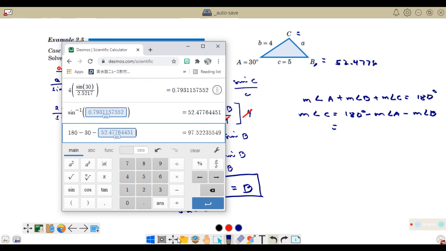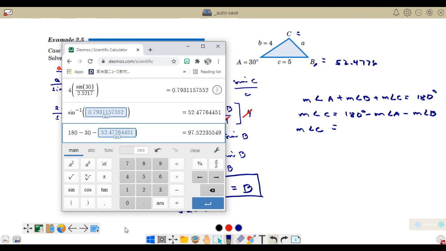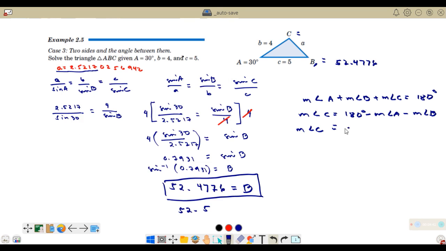So, minus answer. We are going to be left with the measurement of angle C equal to 97.5224. Of course, let's put degrees on them.